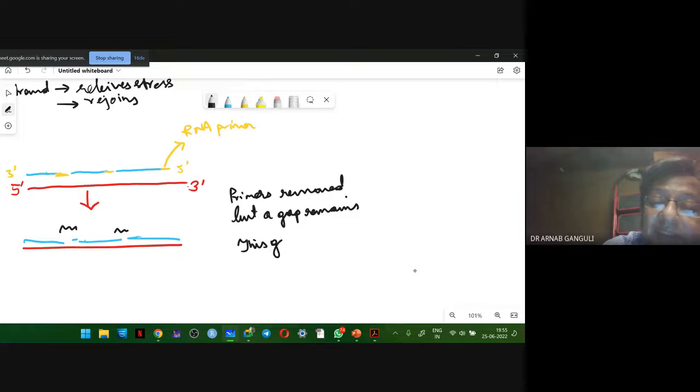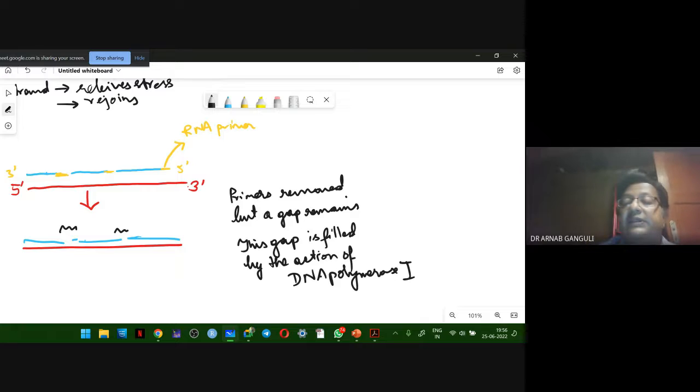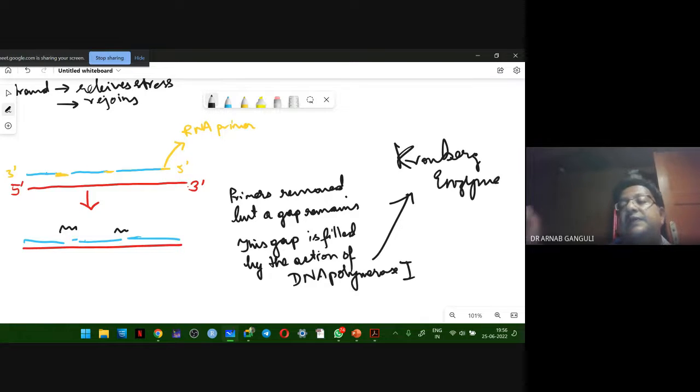This gap is filled by the action of DNA polymerase. This is the enzyme, also known as the Kornberg enzyme.